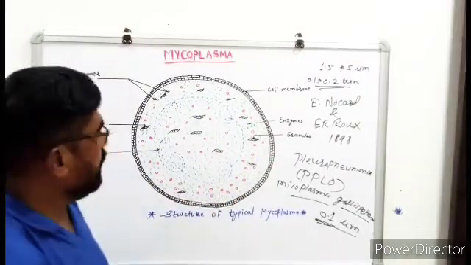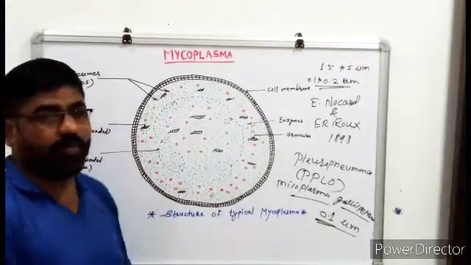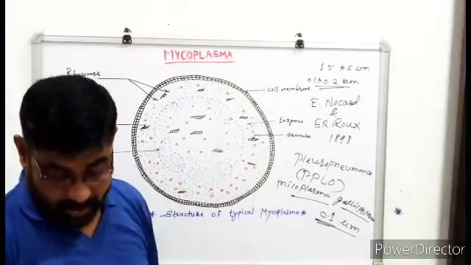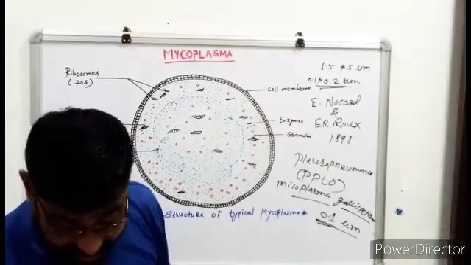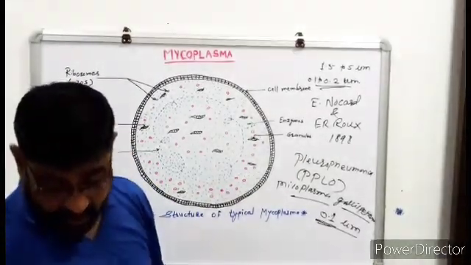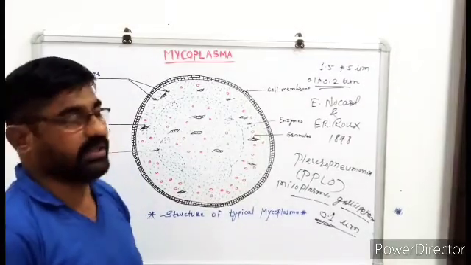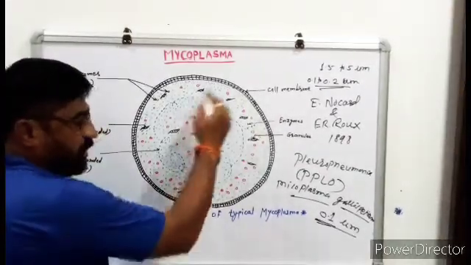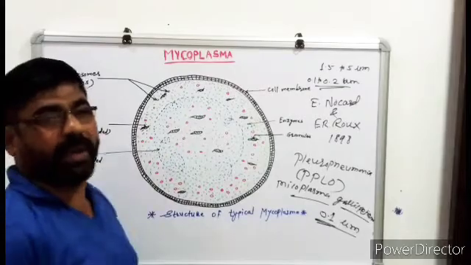As well as, if we see the general characteristics of the mycoplasma, they are the smallest bacteria, they change their shape, and they lack a cell wall, and so they are also called the jokers of the microbiology.